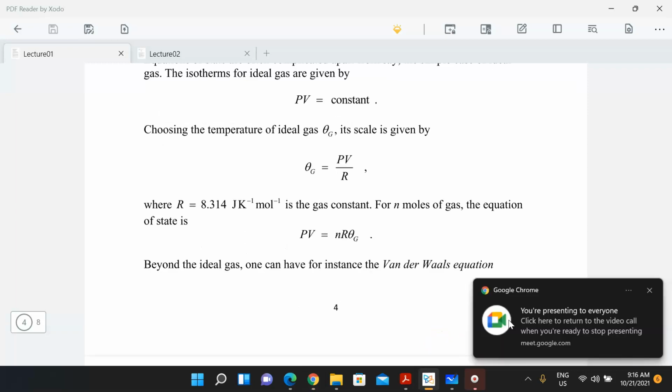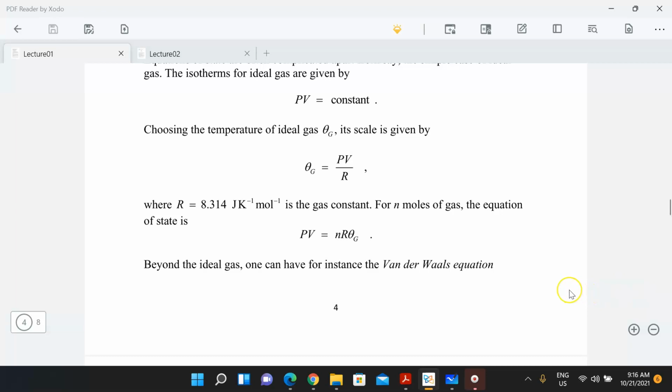Besides, the ideal gas is the simplest that you can think of. You know the conditions of an ideal gas: the gas molecules are non-interacting, and they are moving freely. But realistically, you know that's not going to be true.